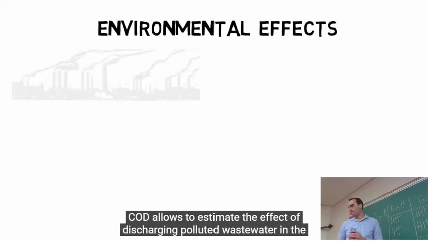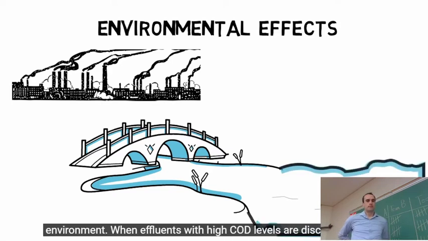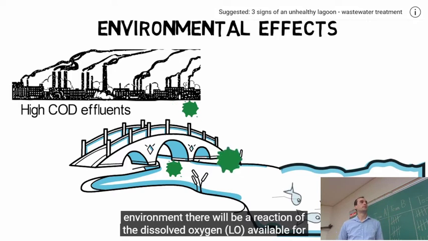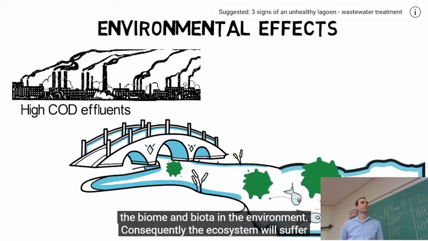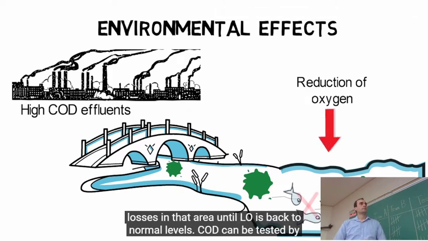COD allows to estimate the effect of discharging polluted wastewater in the environment. When effluents with high COD levels are discharged in the environment, there will be a reaction of the dissolved oxygen, DO, available for the biome and biota in the environment. Consequently, the ecosystem will suffer losses in that area until DO is back to normal levels.